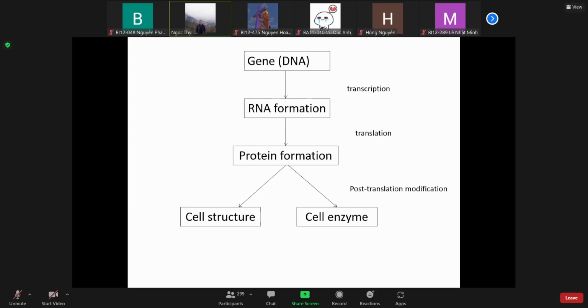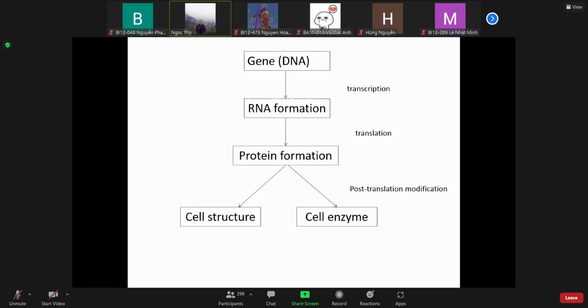After translation, we will have a polypeptide composed of a different sequence of amino acids. This polypeptide goes through post-translational modification to form a protein. And proteins play a role in many different processes of the cell. It can be a structural protein, which can build the cell. It can be an enzyme, which catalyzes a biochemical reaction in the cell.